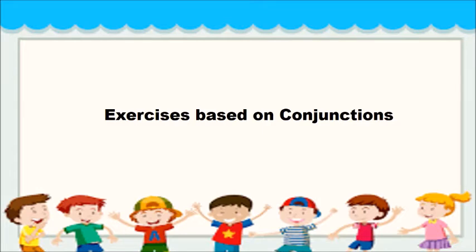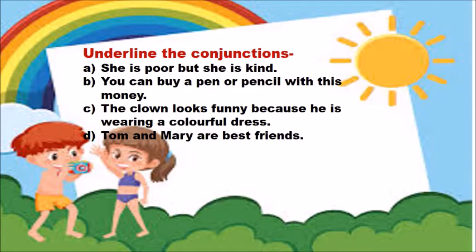Now some exercise time, based on conjunctions. So let us see the first one. Underline the conjunctions. These are the four sentences that are given. You can copy them in your English notebooks and underline the conjunctions in the sentences.